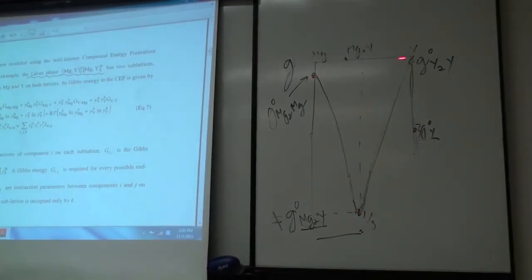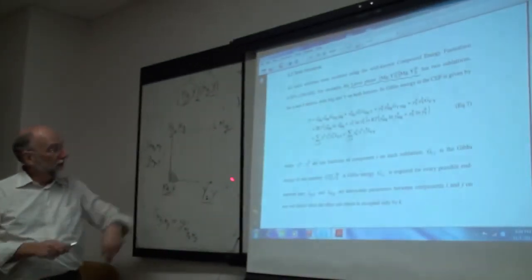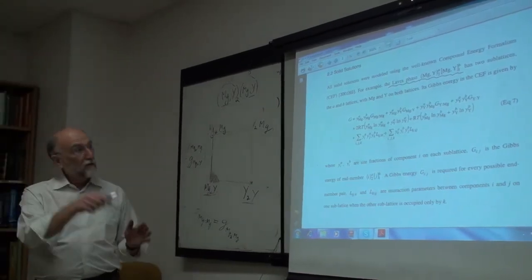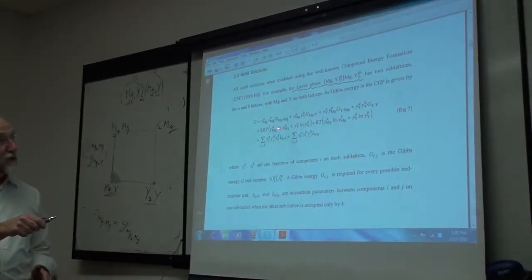These are hypothetical parameters. The higher you put these G naught, GMgMg and GYY, the narrower is your two-phase region. This thing up here should really just be the sum of this and this, so it's not an independent thing. Now you can play, these are your main parameters that you play with here.